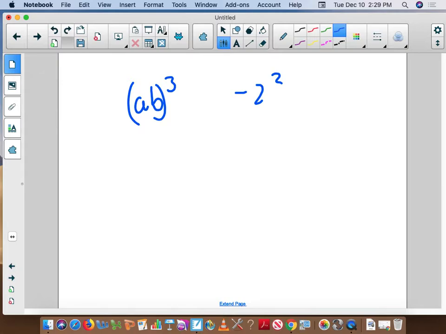The 2. You're just squaring the 2. That is literally telling a math student, take the negative of 2 squared. It's very different from that. Very different. This one literally means minus 2 times 2. Because that squared only applies to what you tell it to.